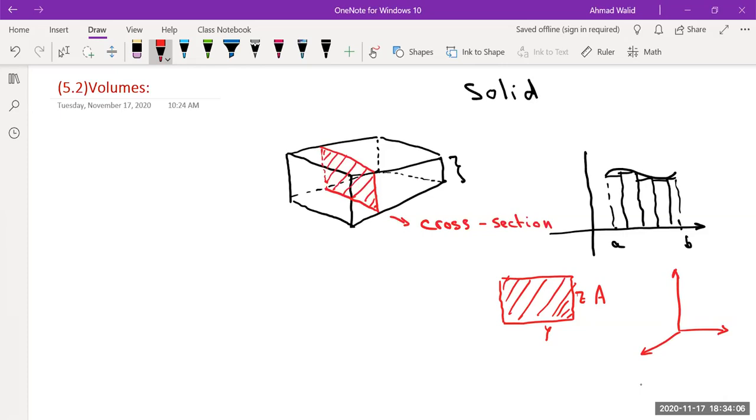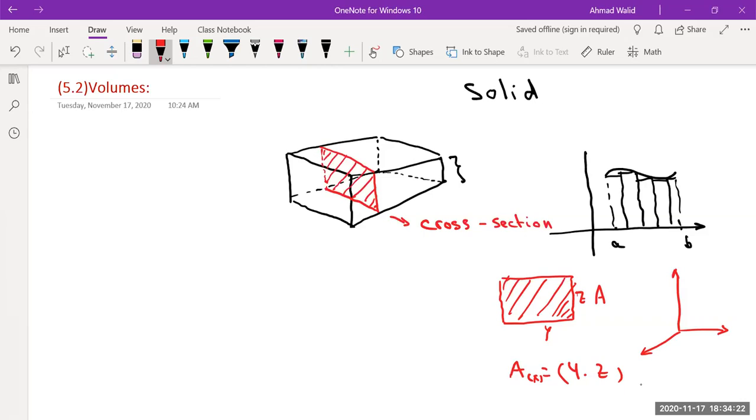Now, the area, or even the surface area based on X, gives you Y times what? Y times Z, correct?